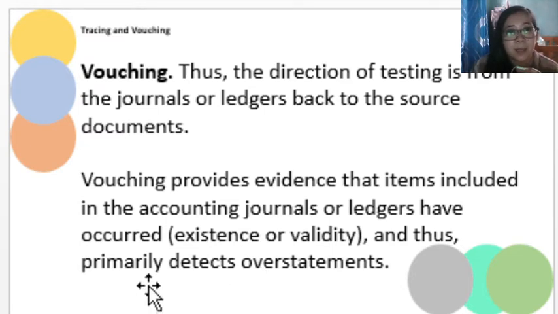Thus, it primarily detects overstatement. That's why this is considered the opposite of tracing. Overstatement, because there might be transactions which were recorded but did not actually occur. This is what vouching may uncover during the performance of this audit procedure by the auditor.